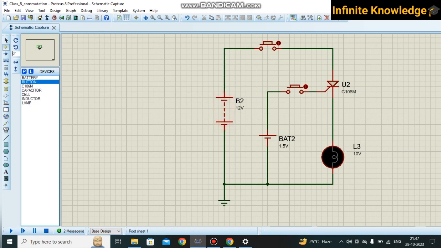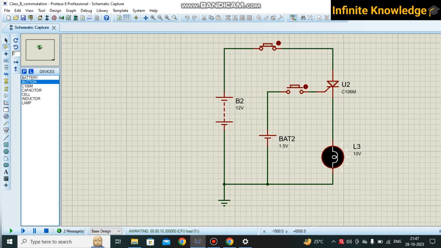Because this is a constant supply; DC is not changing its polarity. So the lamp is on. Now, to switch off the lamp, I need to switch off the DC supply, and then switch it on again and switch on this to get my lamp on.